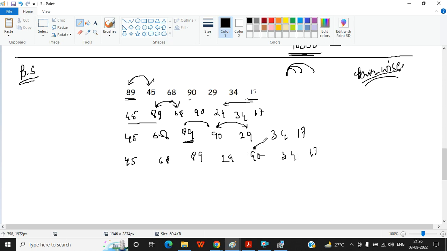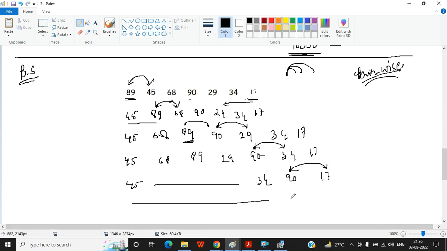Hold 90 and start comparing with the next one. Again there will be a swap. 45, 68, 89, 34, 90, 17. Don't leave 90. Again there will be a swap. So up to this will be your 17 and this will be your 90.